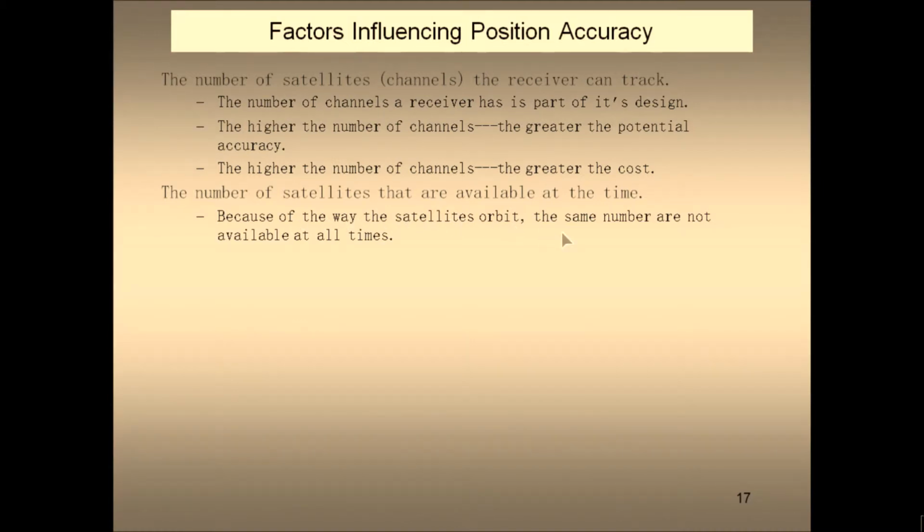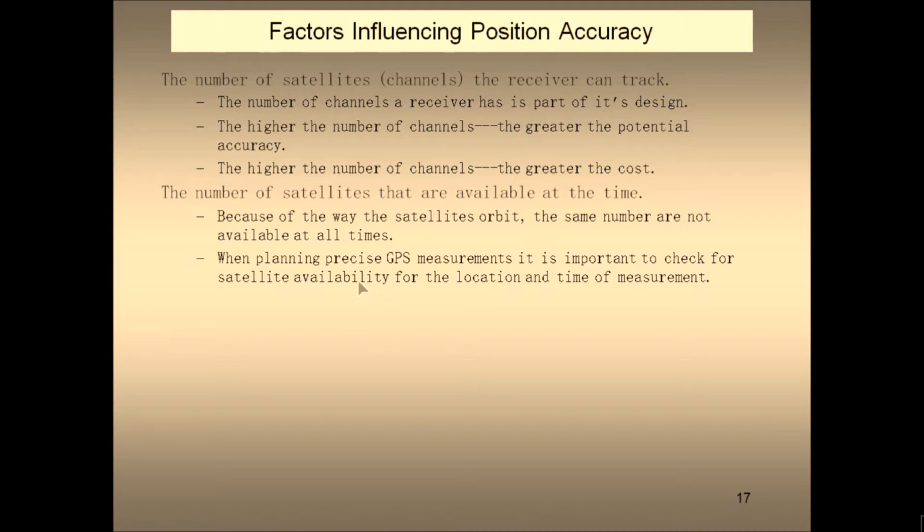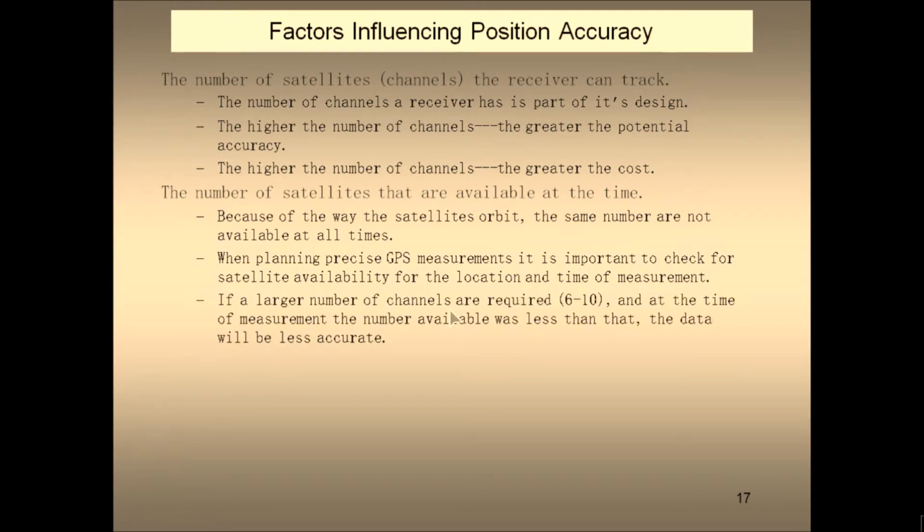So when planning precise GPS measurement, it is important to check for the satellite availability, location, and the time of measurement. A large number of channels is required, that means 6 to 10. If at the time of measurement the number available was less than that, the data will be less accurate.